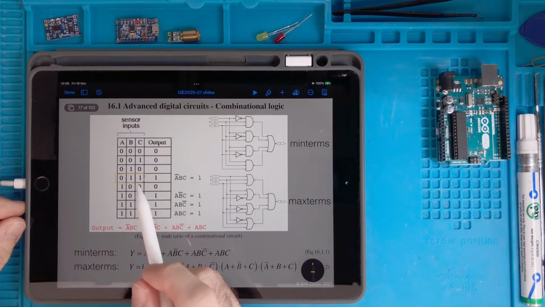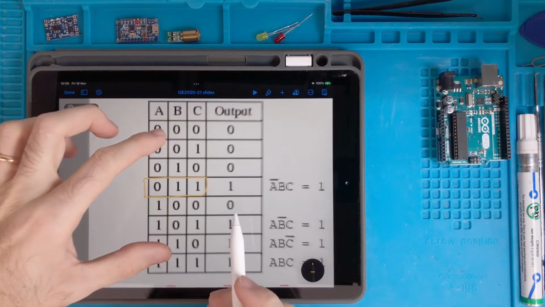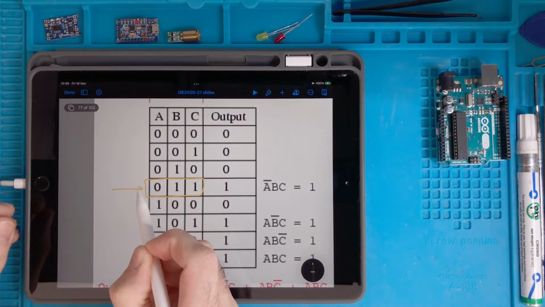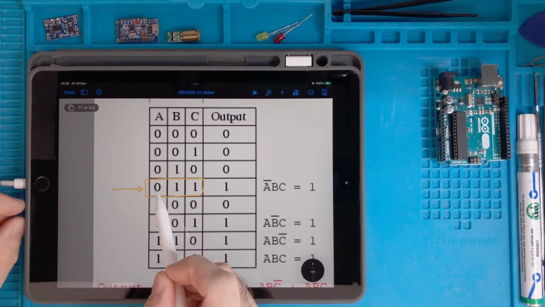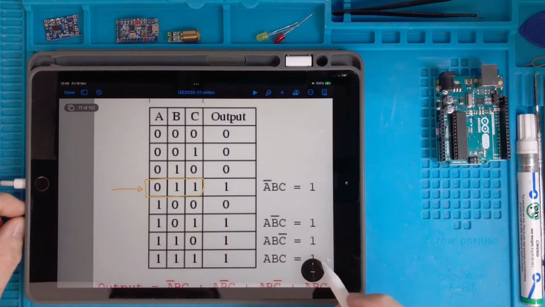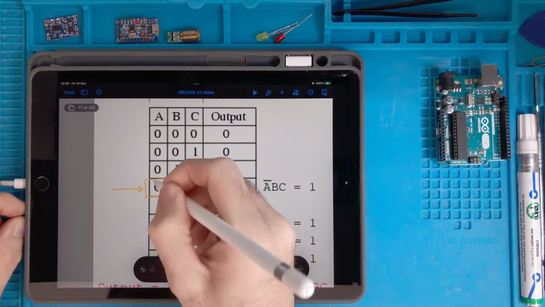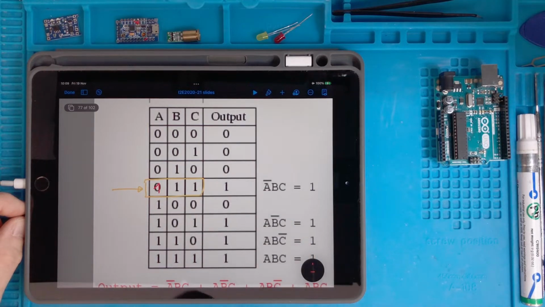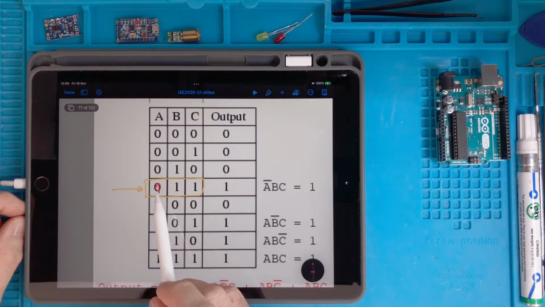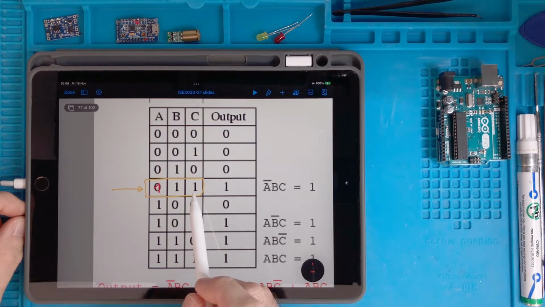For instance, let's analyze this case. If the A input was a 1 instead of a 0, then it was easy, because we know how to produce a 1 when we have all the inputs to be 1.